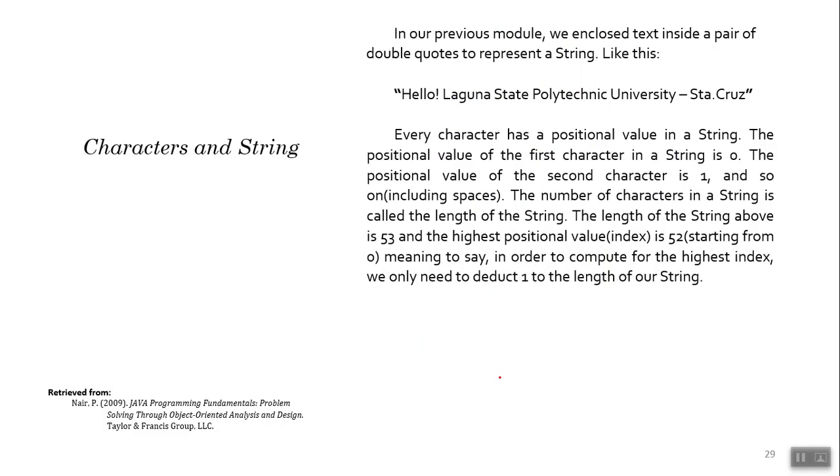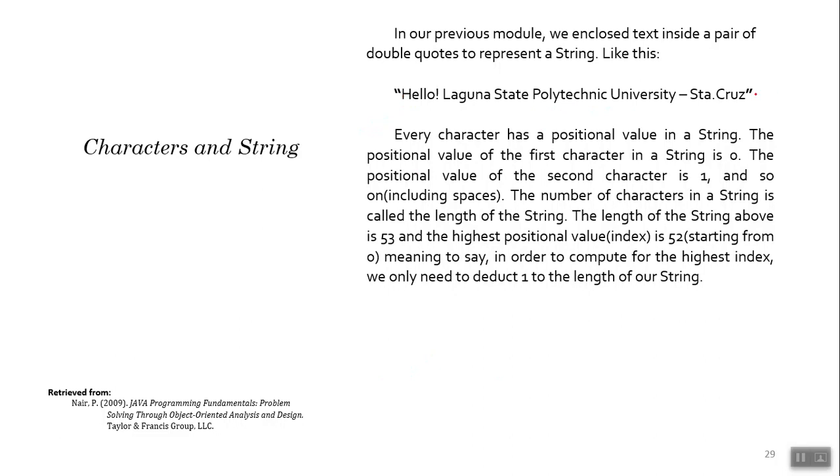Now we have characters and strings. In our previous module, we enclosed text inside a pair of double quotes to represent a string. So here we have the statement, Hello, Laguna State Polytechnic University, Santa Cruz. It is enclosed in double quotes to indicate that it is a string.